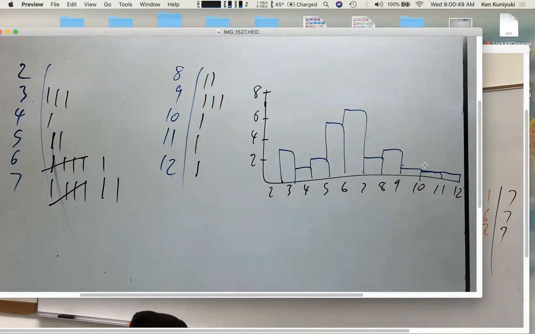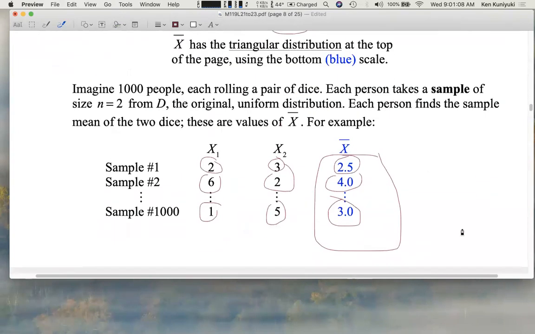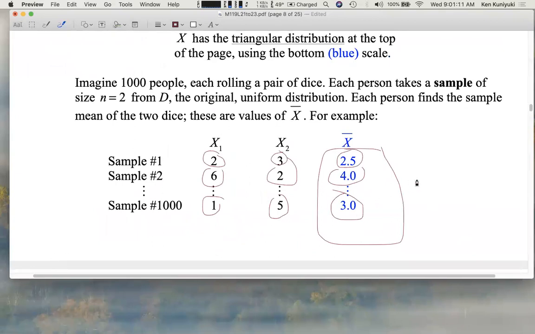We got a fair bit of sampling error, but it was very roughly triangular. But with 1,000 students, it'll look much more closely, precisely triangular. With 1,000,000 students, it looked very close to this triangular distribution with this scale in blue. That's why I have this in blue over here.